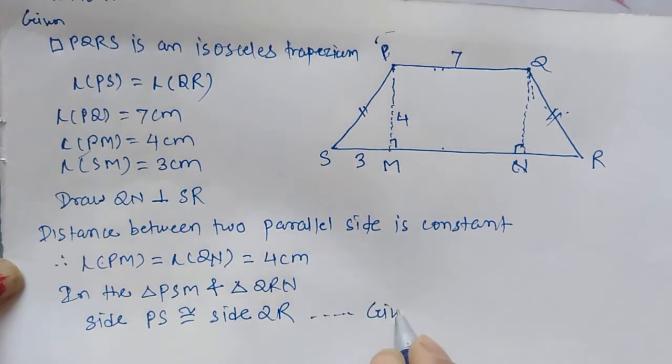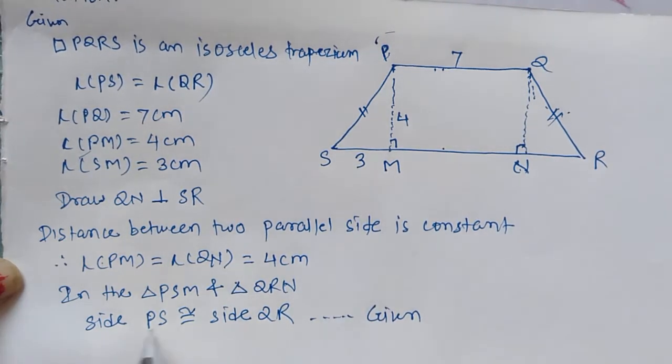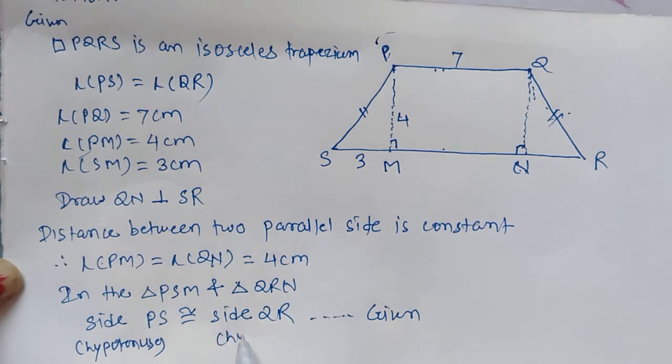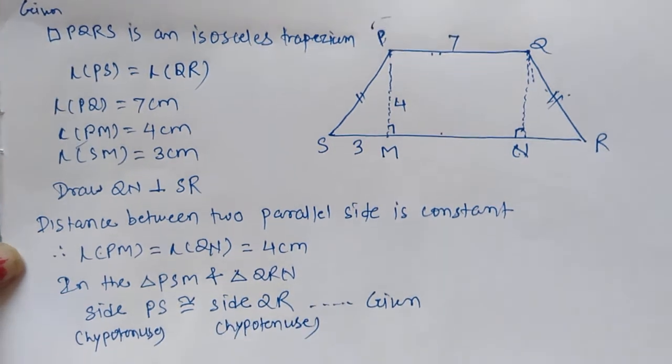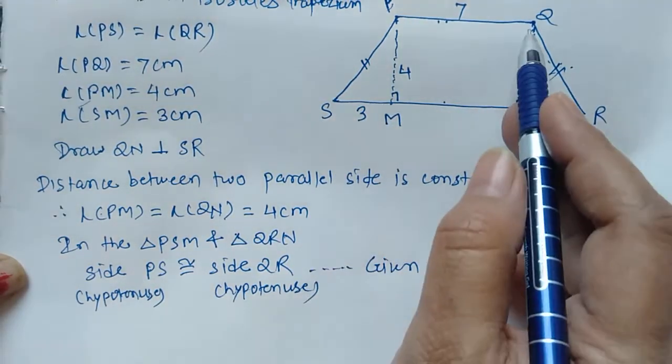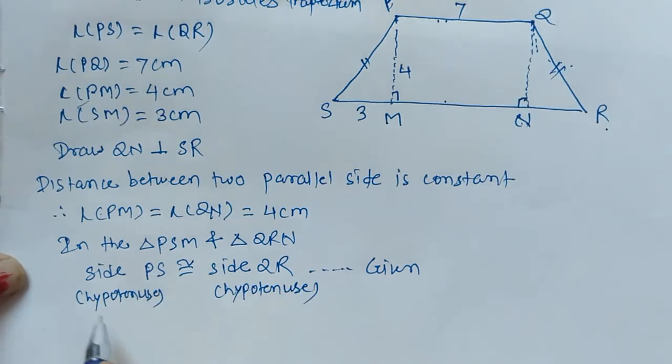This is given. Side, or hypotenuse, means hypotenuse PS is congruent with hypotenuse QR.